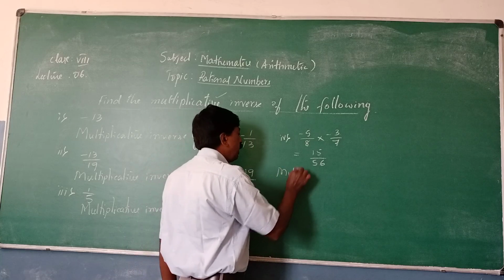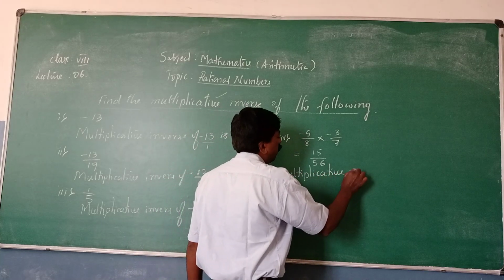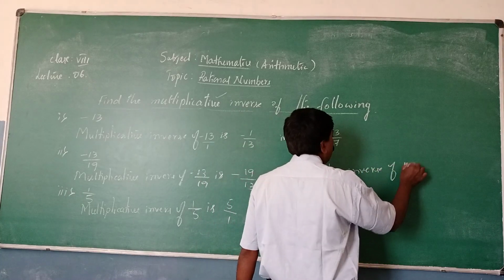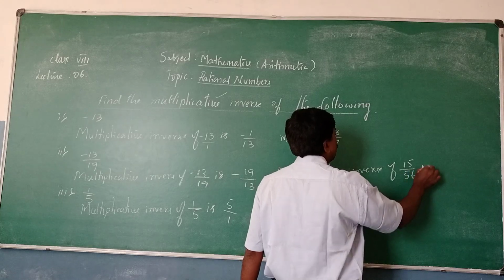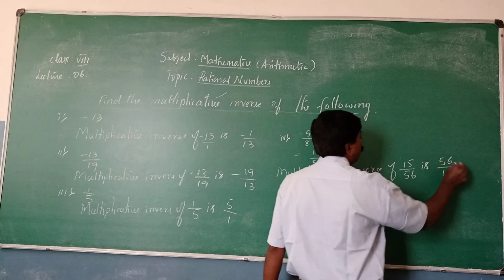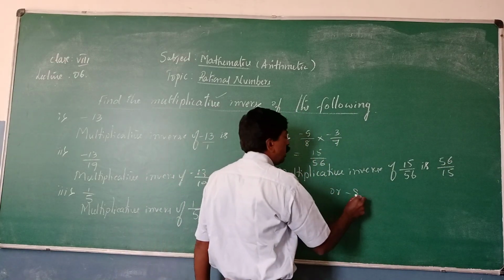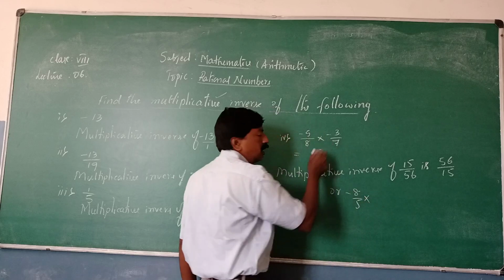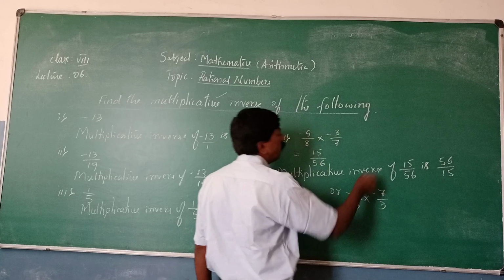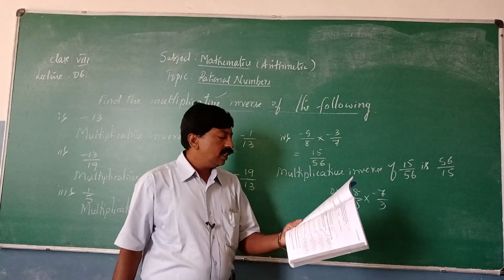Now the multiplicative inverse of 15 by 56 is 56 by 15. Or its reciprocal is minus 8 by 5, and its reciprocal is minus 7 by 3. Instead of this, we can write that one very easily.